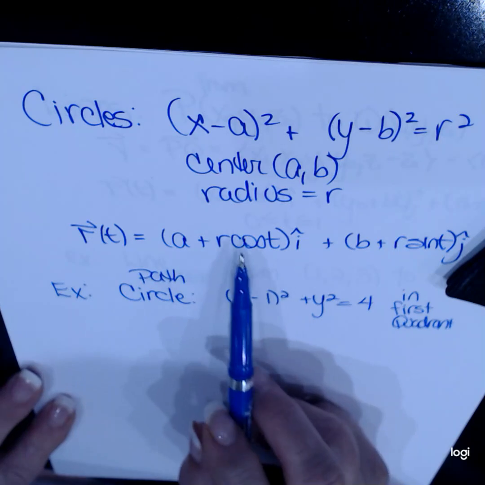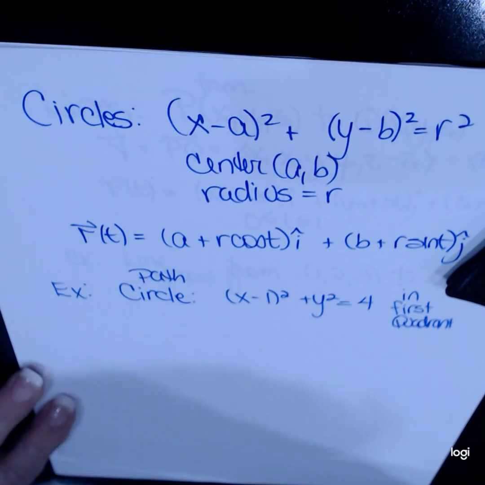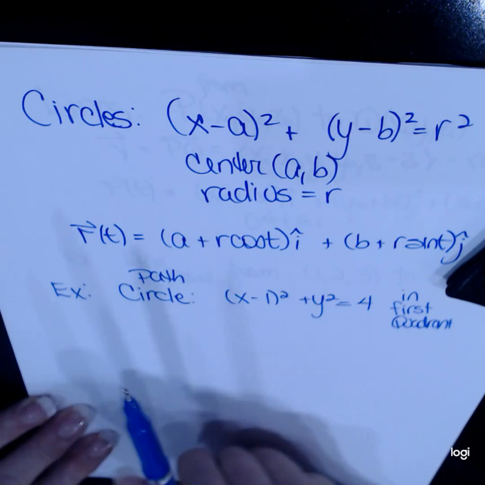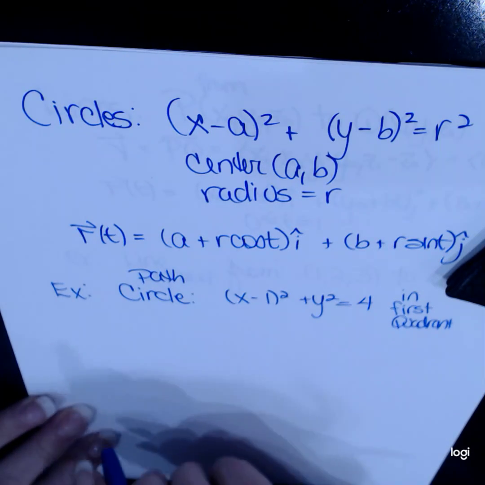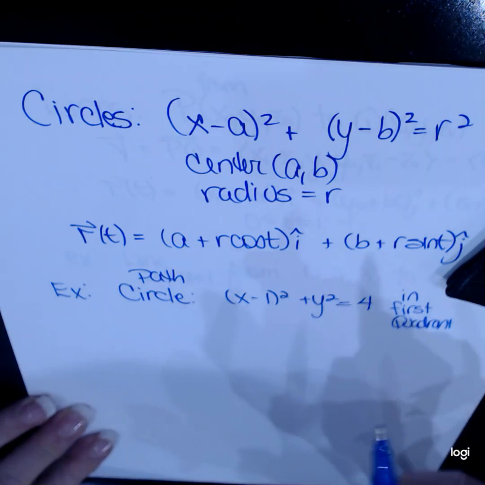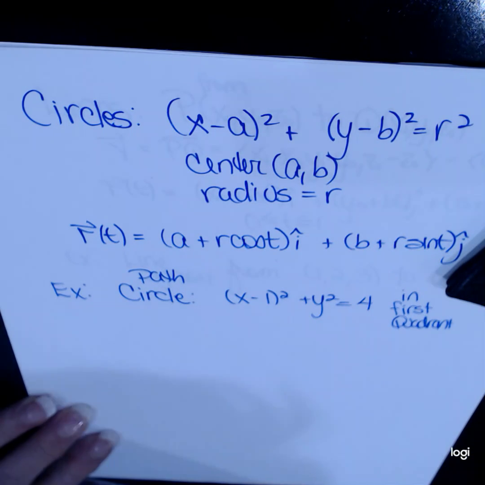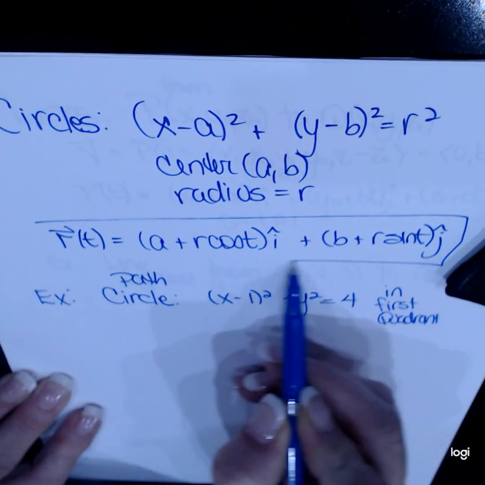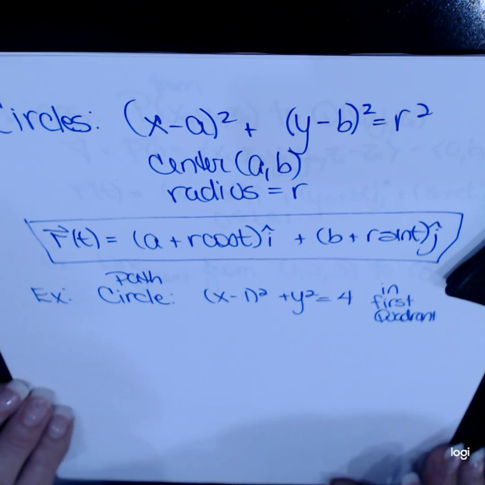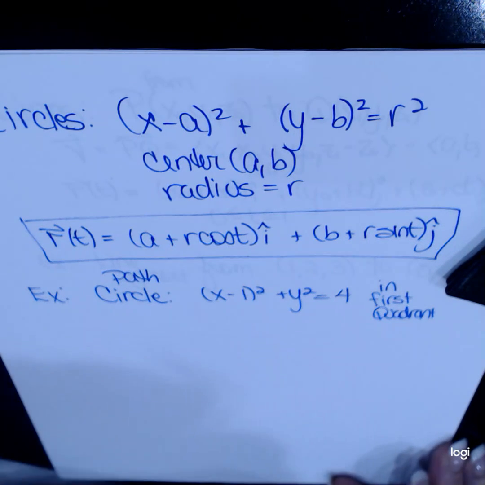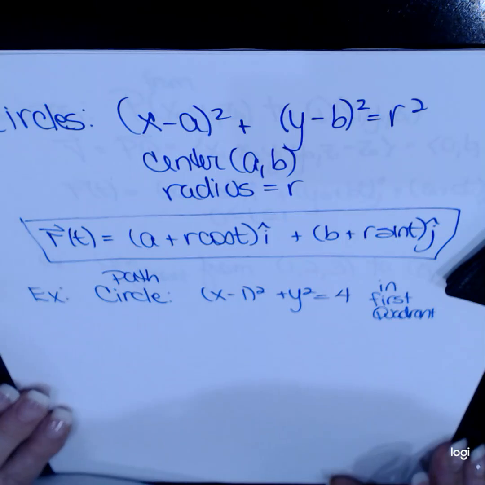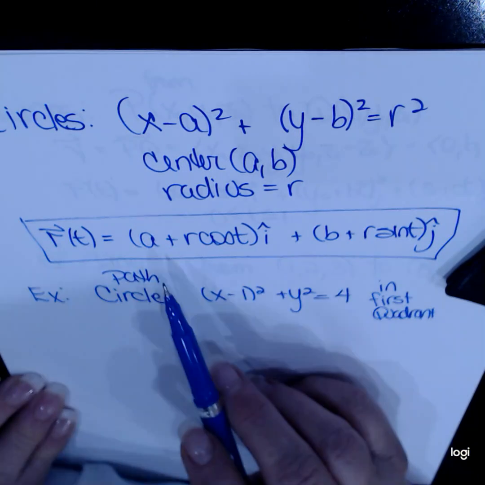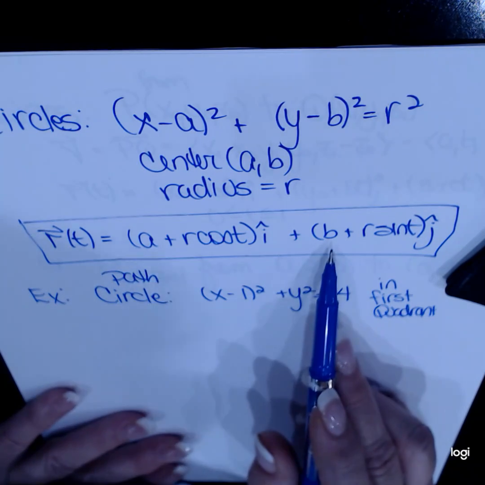And if we look at the substitutions that we use to convert this over to polar, by letting x equal r cosine of t and y equal r sine of t, and then solving this, we will get that at least one good parameterization would be to let r of t be equal to a plus r cosine of t times the unit vector i, plus b plus r sine of t times the unit vector j, where again the center of that circle is located at (a, b) and r is the radius.